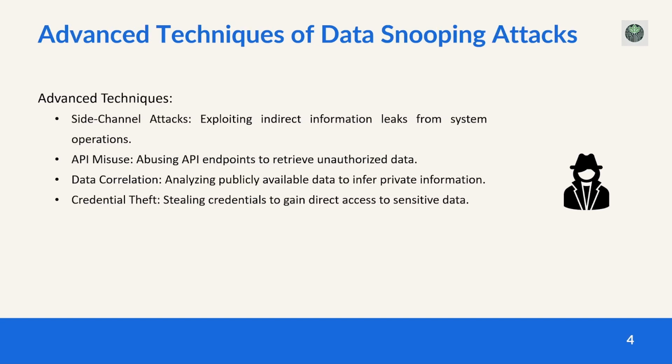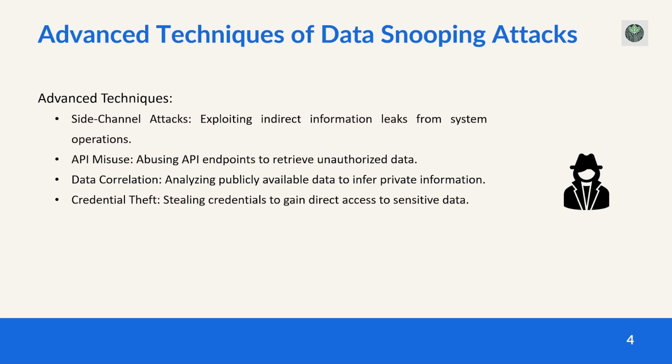There are also more advanced techniques that attackers can use. Side channel attacks exploit indirect data leaks through system behaviors. This is going to be such as processing times or power consumption patterns. Attackers can also misuse APIs, accessing endpoints that are not properly secured to retrieve private data. Another method is going to be data correlation.